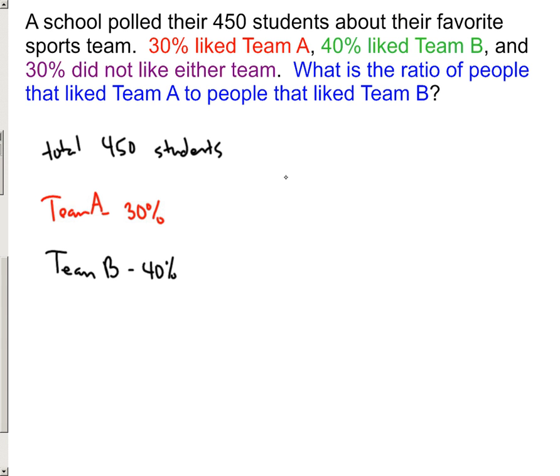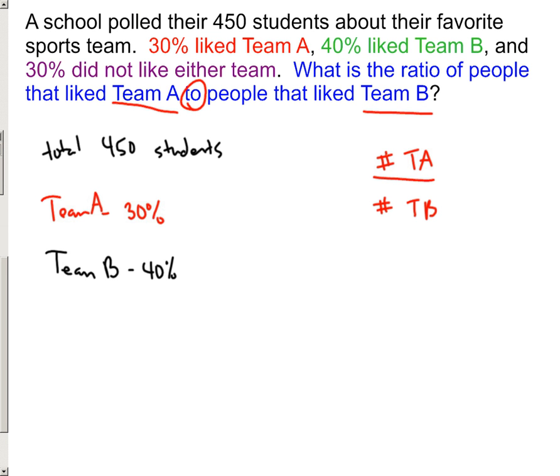And I need to get an answer that is a ratio of the number of people that are all about Team A and the number of people that like Team B. And Team A needs to go on top because it's mentioned first, before the word to Team B. So Team A above, Team B below.